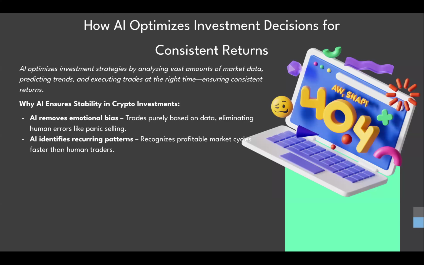And AI can also identify recurring patterns easily. Since AI relies on a large amount of data that we ourselves cannot analyze, we cannot detect those patterns.